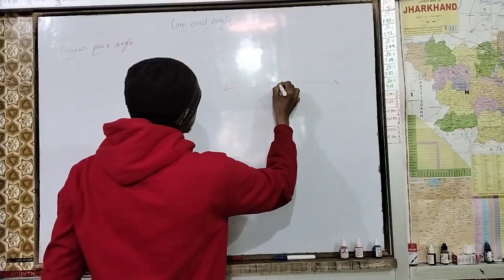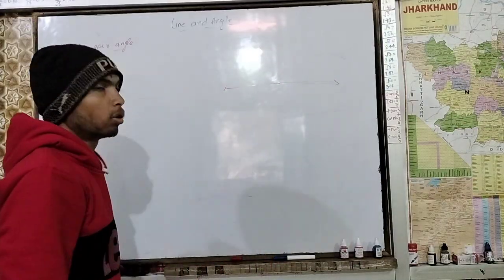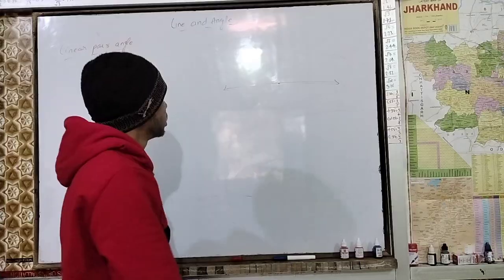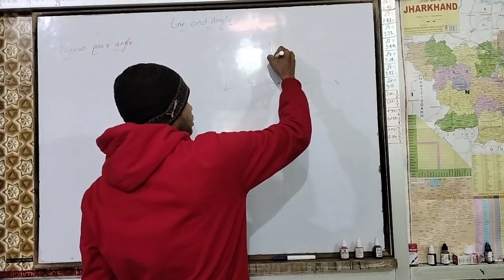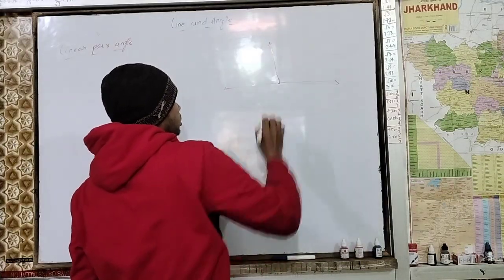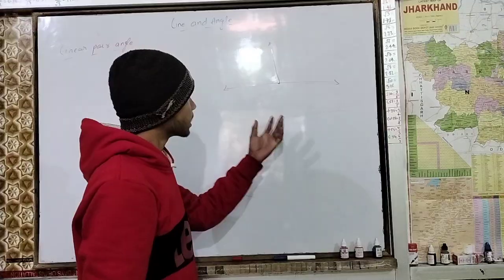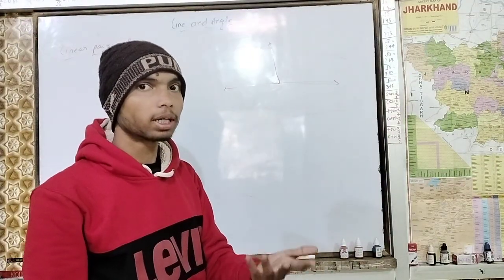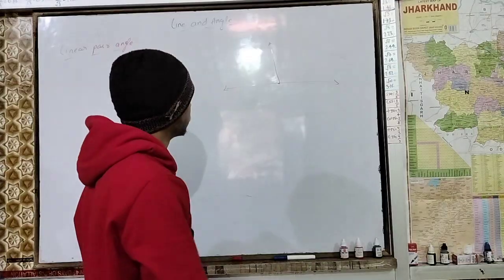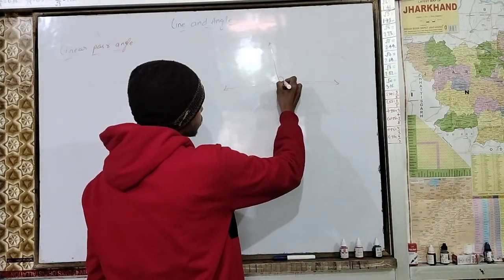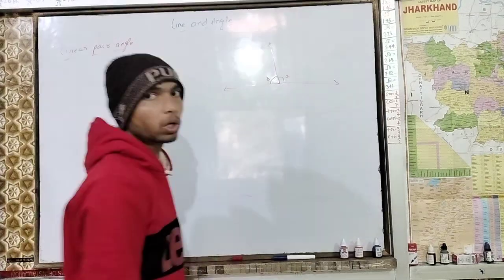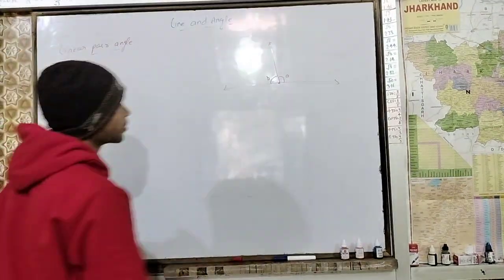It says this straight line has a highlighted point. A straight line means it has a rotation of not 300 but 180. The sum of these angles will be equal to 180 degrees.